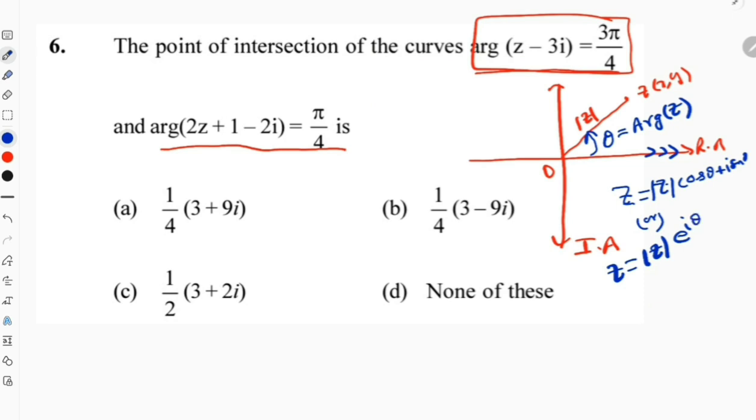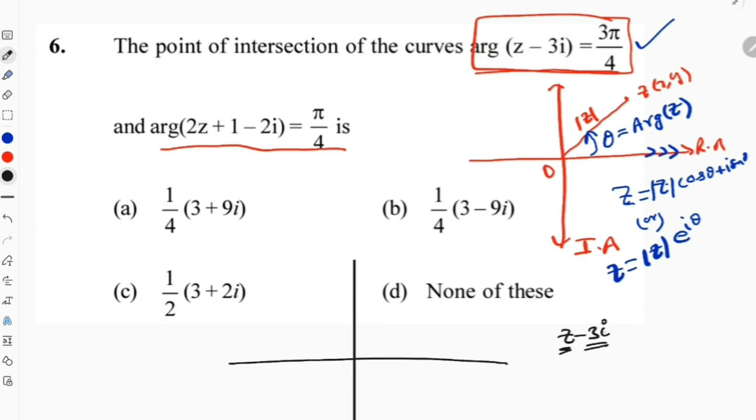So first, try to find the locus of z for the first equation. The first equation says that in an Argand plane, the point is z minus 3i, which means 3i is constant and z is the locus point.